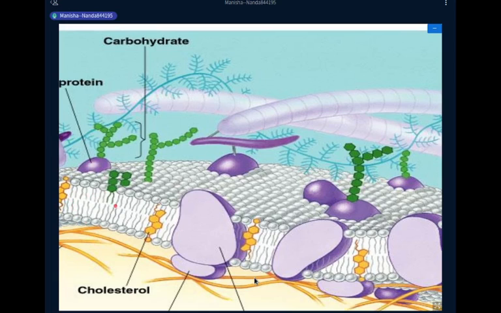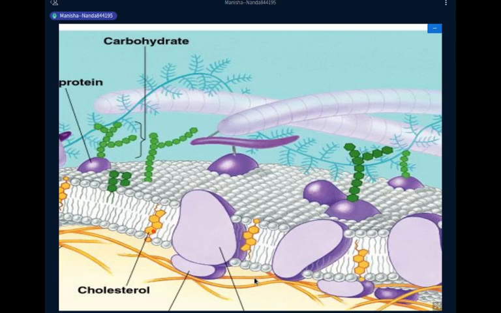And if we talk of the interior of the membrane, there are the hydrocarbon tails of the phospholipids, which are hydrophobic in nature. They are extended in between these two hydrophilic ends. So this makes the interior of this membrane highly hydrophobic. That is why any hydrophilic molecule is not allowed to pass through it.